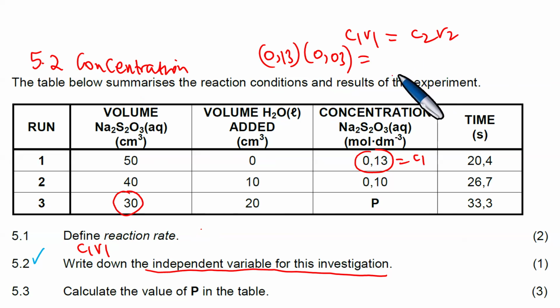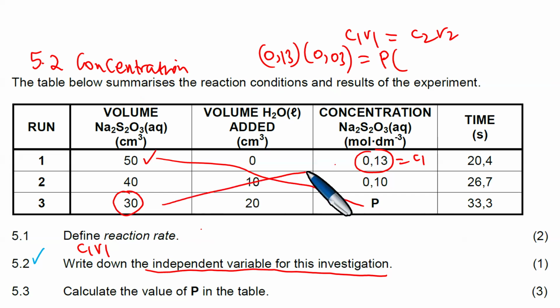Then we have concentration 2, which you can call P, and volume 2, which is the 50 divided by 1,000, getting 0.05.